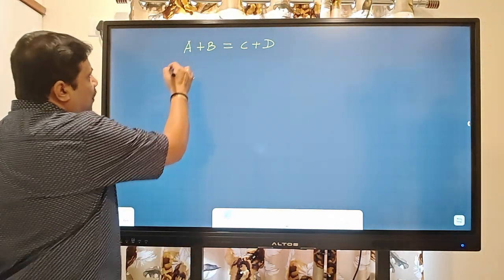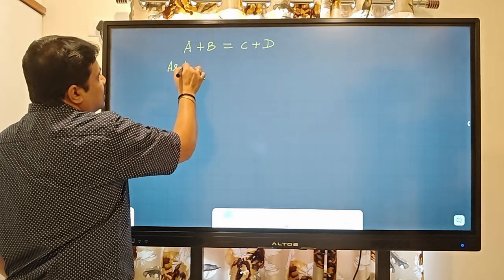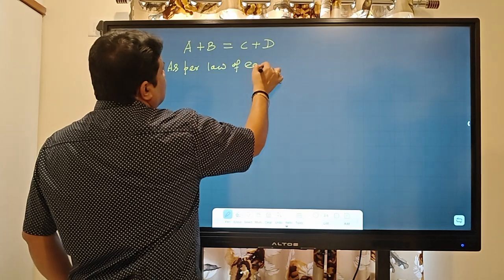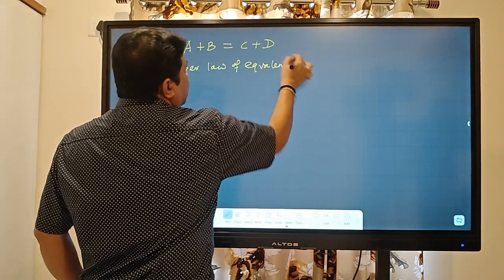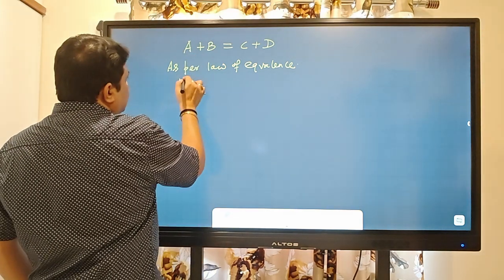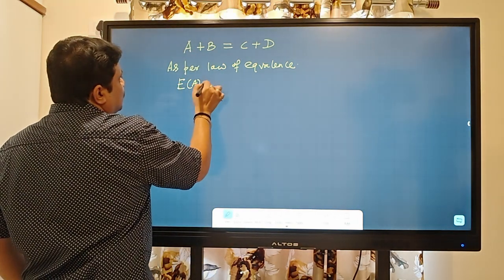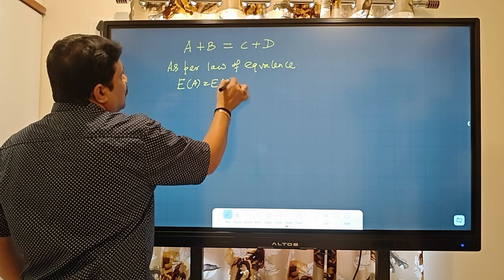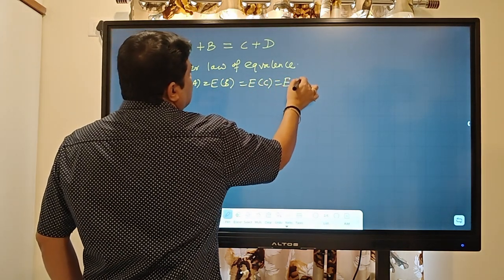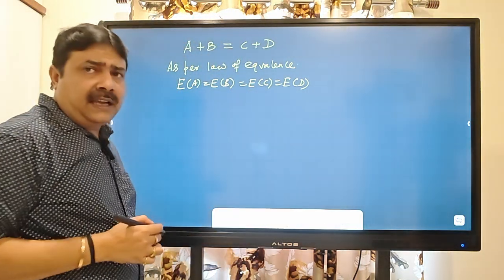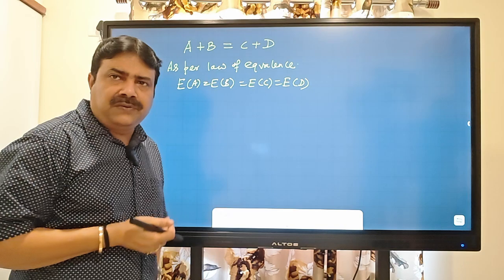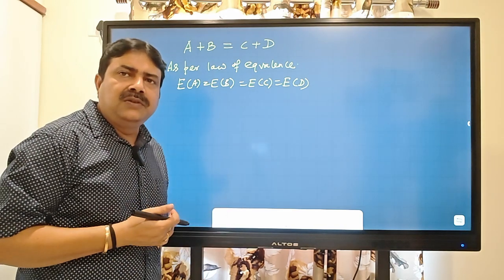That means as per the law of equivalence, any reaction will occur in that way. Equivalence of A will be equal to equivalence of B will be equal to equivalence of C will be equal to equivalence of D. That means whatever equivalence of A reacts, the same equivalence of B will react, and the same equivalence of C will be formed, and the same equivalence of D will be formed.